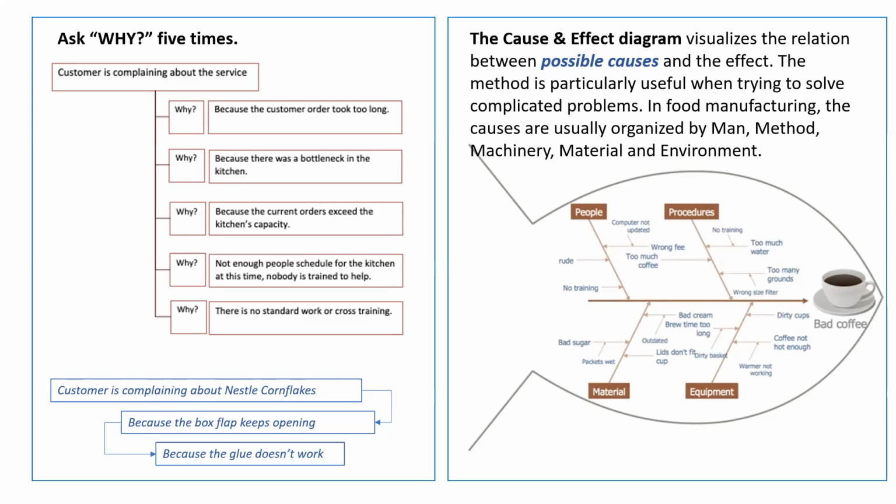Now, all these other lines where you have people, procedures, material, method, and equipment are referring to categories of possible causes. So it comes as just a simple fishbone, and then you make this idea generation process. You ask your friends in terms of what could cause the bad coffee.